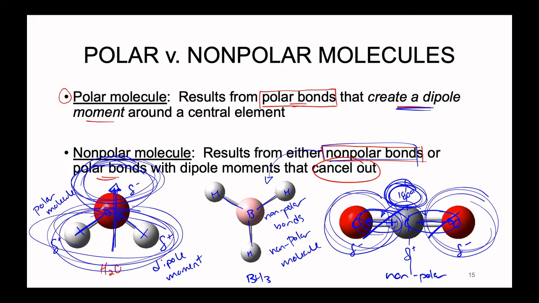So we need to know the shape. Once we know the molecule's geometry, and we observe the electronegativity table, we can figure out whether or not the bonds are going to be evenly or unevenly spread out across the molecule. We can figure out if we're working with something polar or something non-polar as a result.